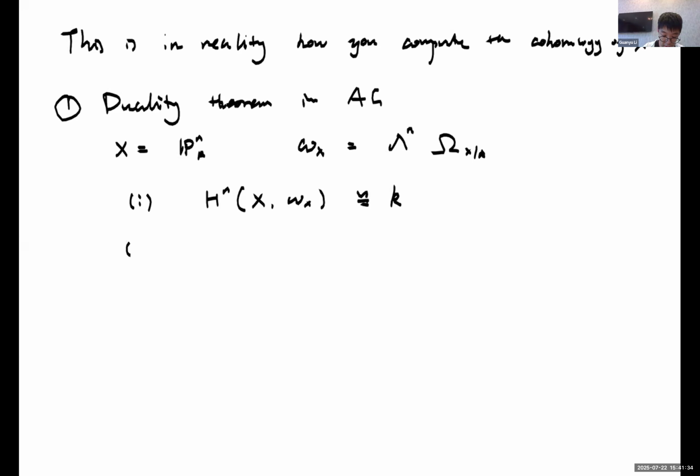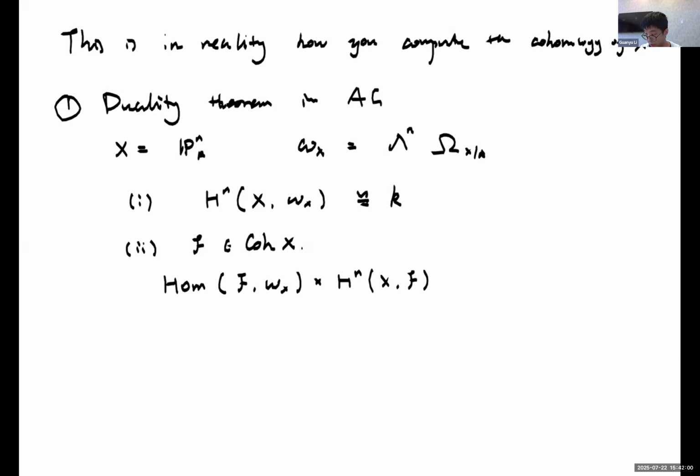Then for any coherent sheaf F of X, you have a map from F to your dualizing sheaf tensor with the top cohomology of the coherent sheaf.